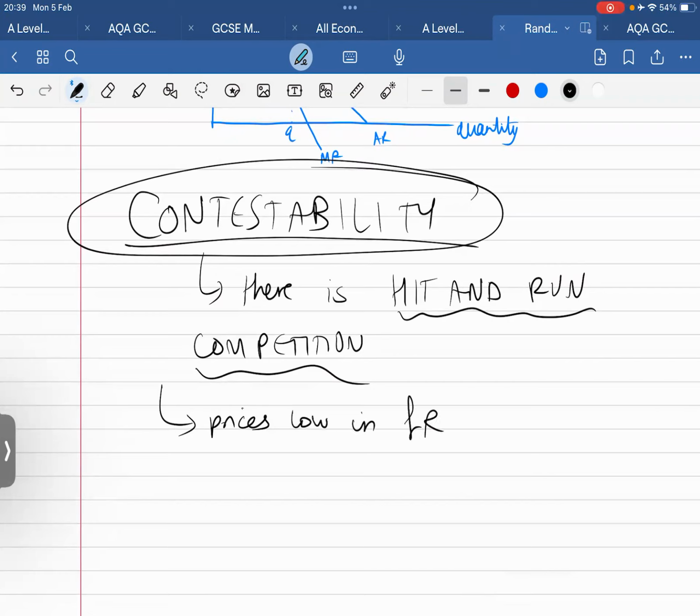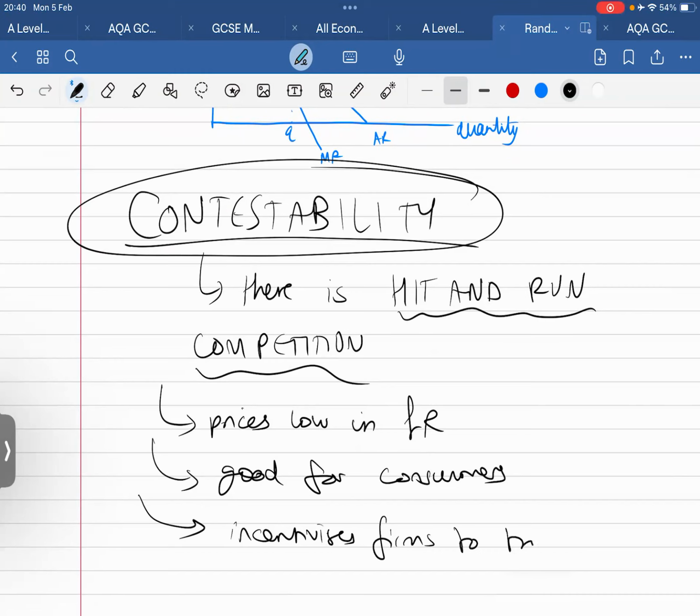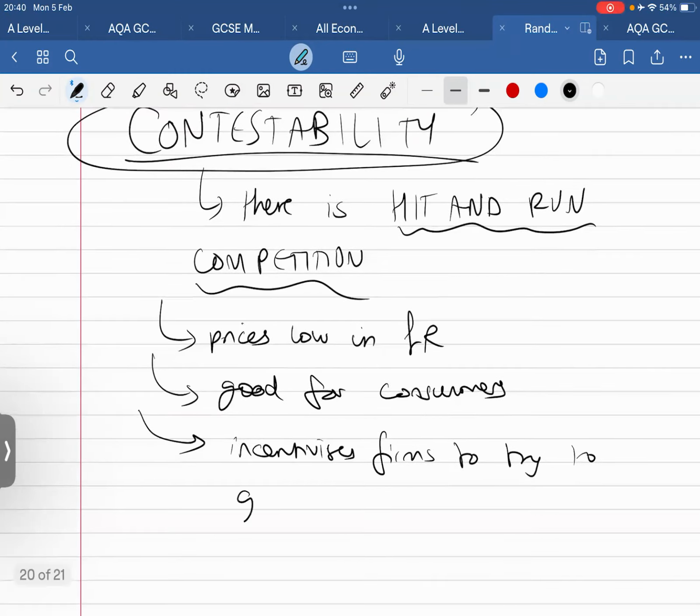If anybody tried to overcharge and make a lot of profit, new firms would just join. So it works out quite well for consumers. And it incentivizes firms to try to get into the short run, which is not a time thing.